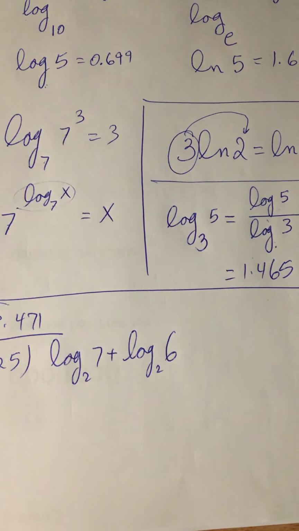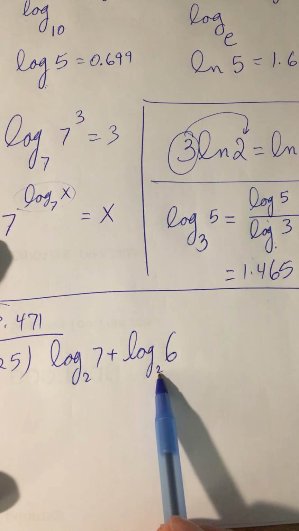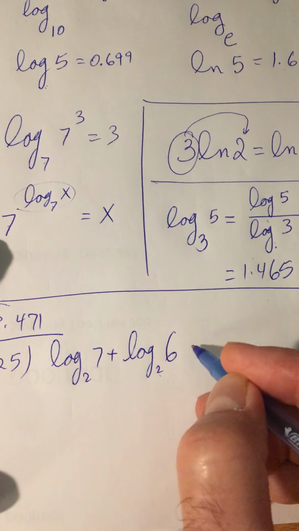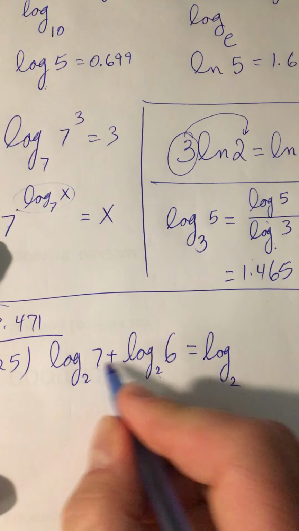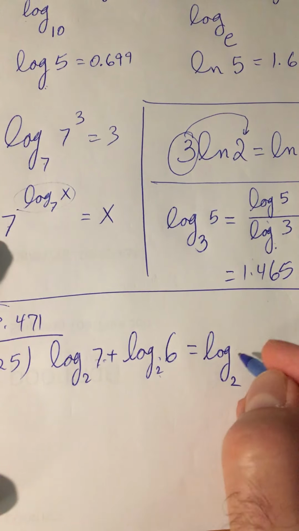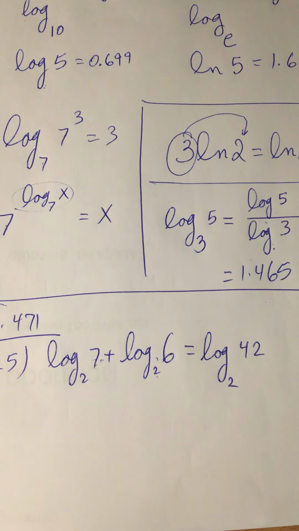It says use the properties of logarithms to write each expression as a single term. Are the bases the same? Yes. Do you have a plus sign? Yes. So I can condense it into one logarithm with the same base, but now what do I do with these numbers? I multiply them. So that gives me log base 2 of 42. So I wrote it as a single logarithm. I used the reverse of the product property that we talked about, I believe on page 467.